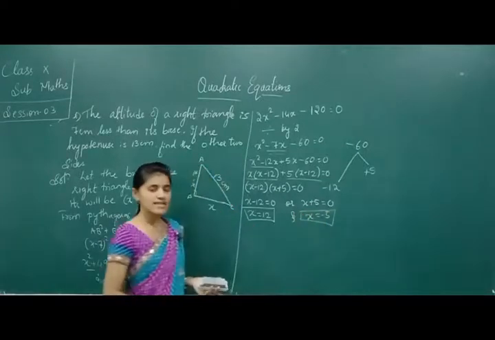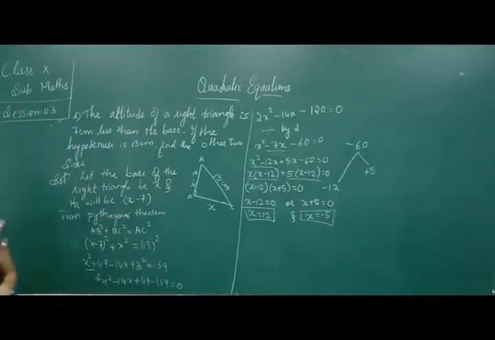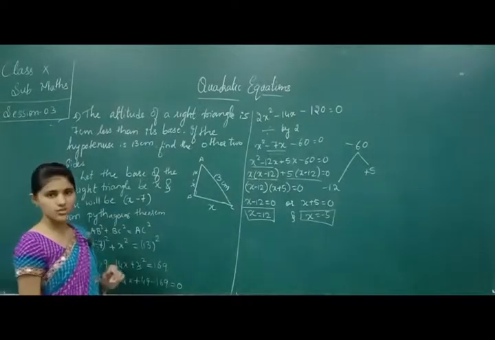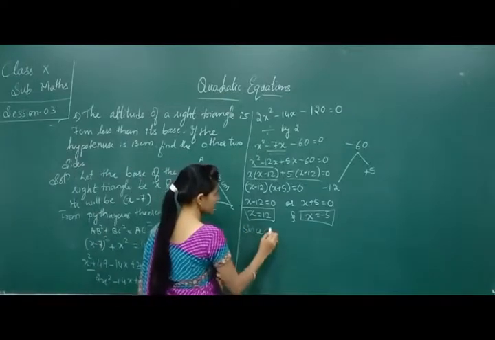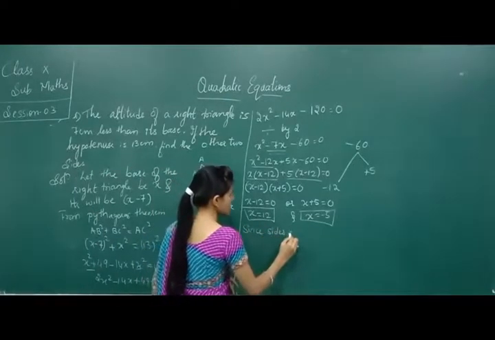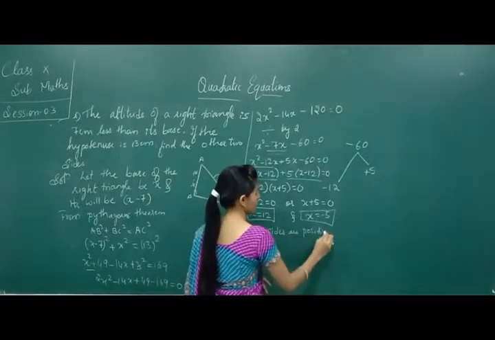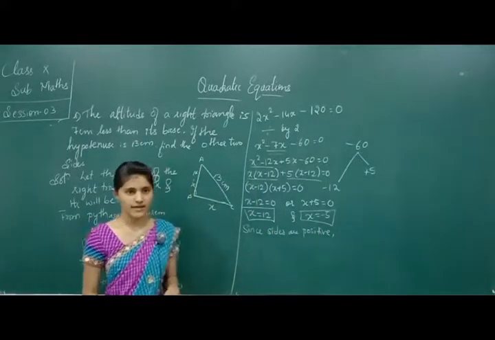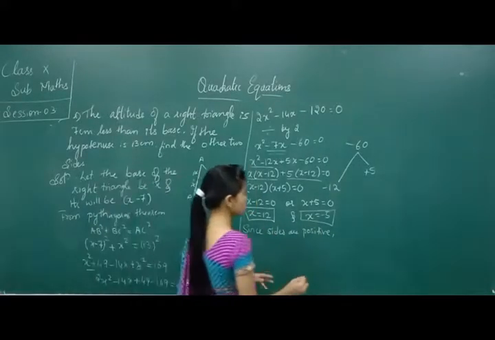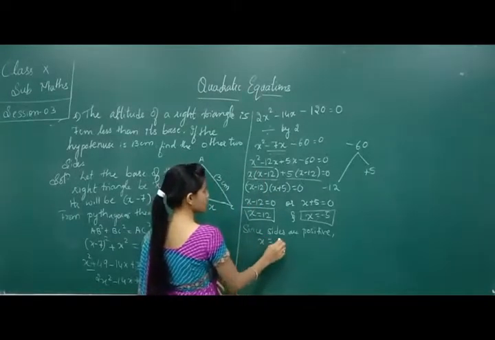See here, since x is the side of a triangle, sides are always positive, right? Since sides are positive, we cannot consider x is equal to minus 5. Therefore, what will we consider? Since sides are positive, therefore x is equal to 12.